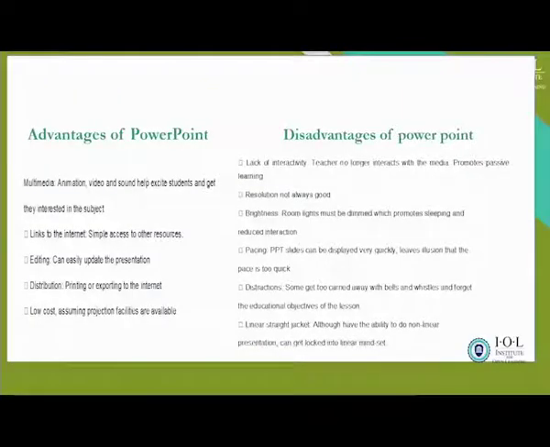And by this, we are talking of low cost, because if you send notes by email or by USB, you are saving the cost of printing, copy work, and all that. So those are some of the advantages of a PowerPoint presentation.